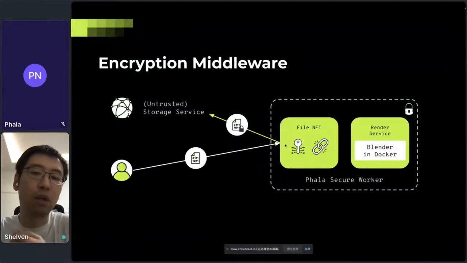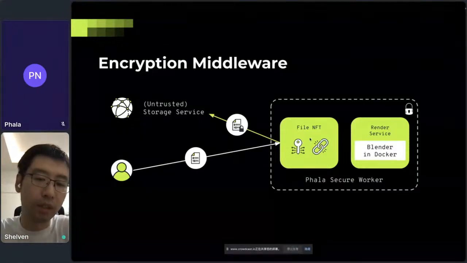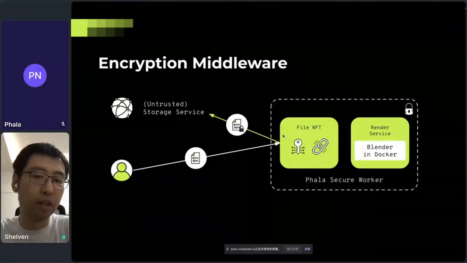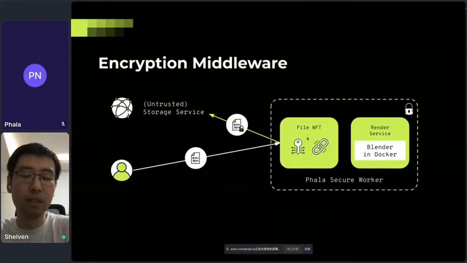After that, our contract will generate an encryption key for this file, and this key will be used to encrypt this file. And our contract will delegate the upload for the users, so the encrypted file will be uploaded to the storage, and the link will be recorded here.